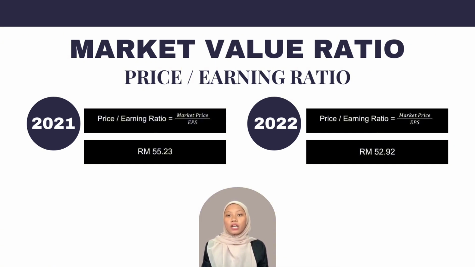This shows a decrease of 2 ringgit 31 cents from the year 2021 to the year 2022. The price-earning ratio is considered very good if it is below the range of 20 to 25, but if it is more, it's considered bad. So it can be seen here that the price-earning ratio for both years is high.